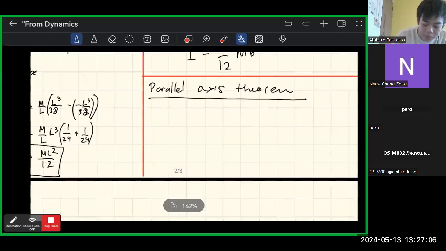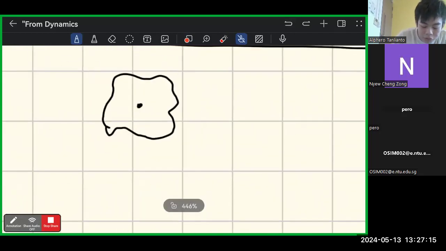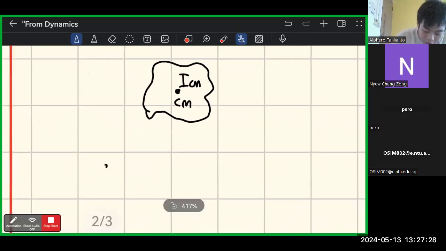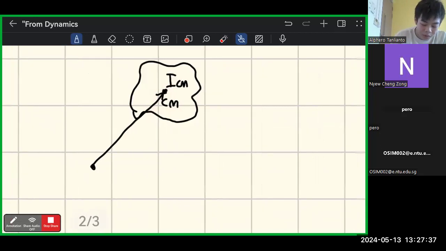In this theorem, if we have any object that has a moment of inertia with respect to its center of mass, so this point has to be the center of mass, and we have another point, either inside this object or outside or any point, it doesn't matter.